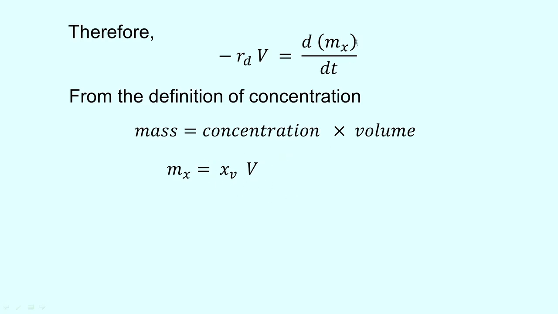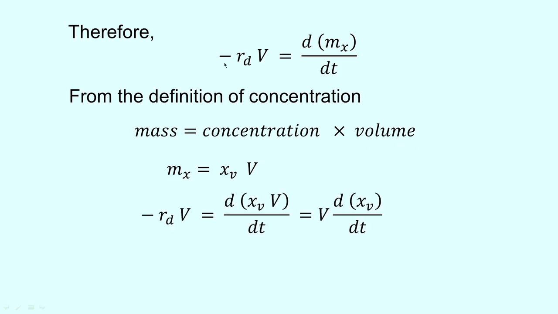If we use this to replace m x, then we get minus R D into V equals d dt of x v into V. In this case, since the volume of the broth, the volume of the system, is a constant, we can take volume out of the derivative: V into d dt of x v.